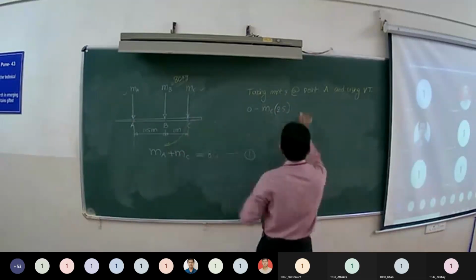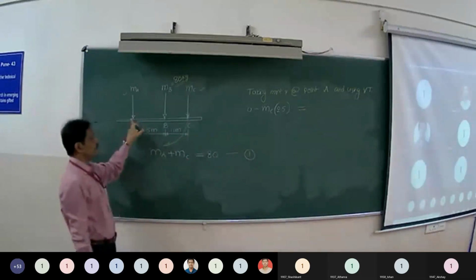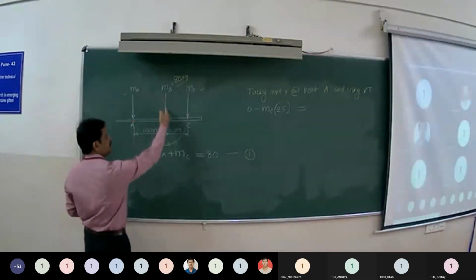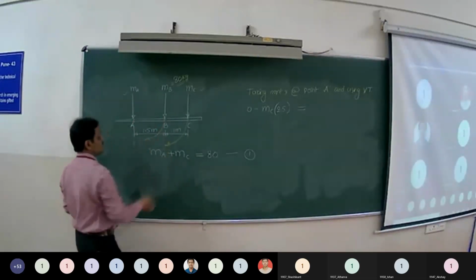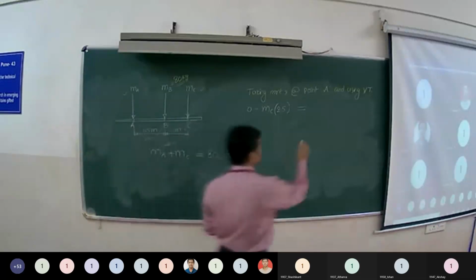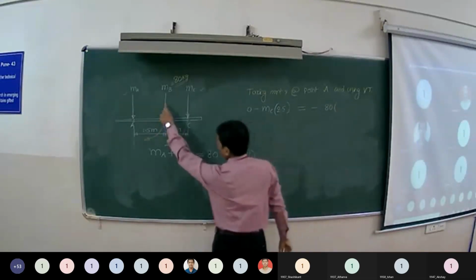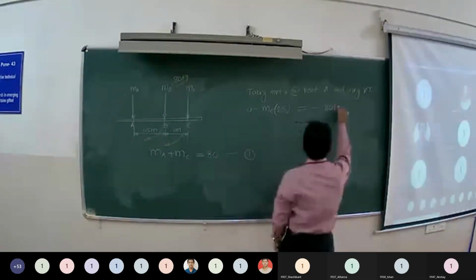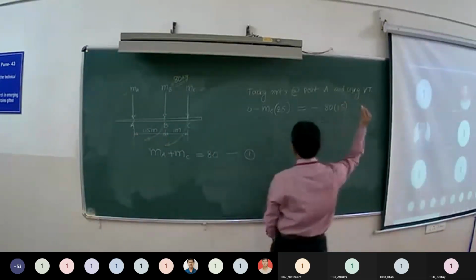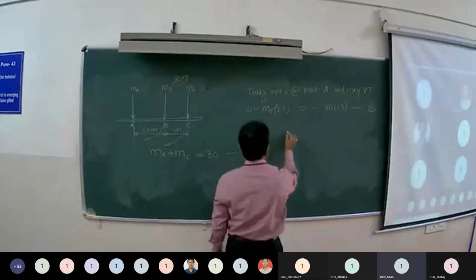So this algebraic sum is equal to moment of resultant about point A. Here MB is the resultant. Again it is forming a clockwise moment. So it is minus MB, nothing but 80, into perpendicular distance from the line of action of MB to point A, 1.5. So this is equation 2.